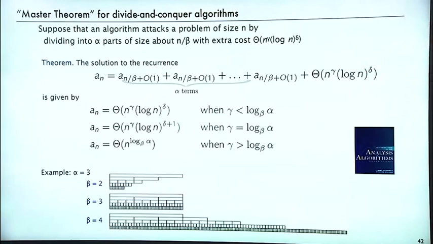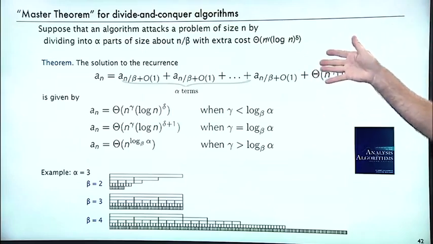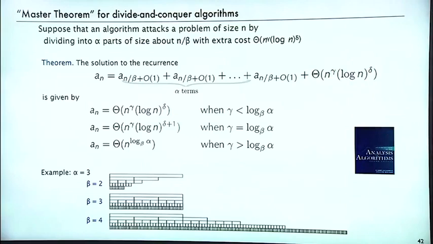Or maybe the problem sizes throw out a few terms. So as general as we can do is to get alpha terms of the form n over beta plus O of 1, and then we add on the extra cost. And the Master Theorem gives the order of growth of the solution. And it all has to do with the relationship between this extra power gamma in the extra cost term and the log to the base beta of alpha, where alpha is the number of parts and beta is the fraction that you divide n by.